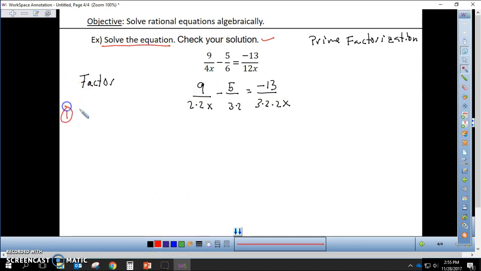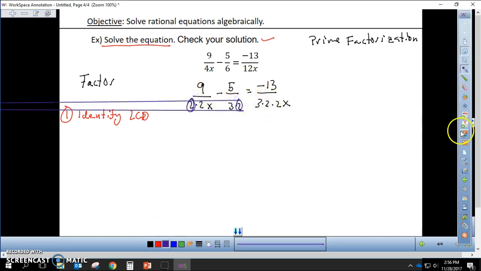So here's step 1. We are going to identify the LCD. I have a shared factor of 2, right? Every single term has a 2, so that is shared.